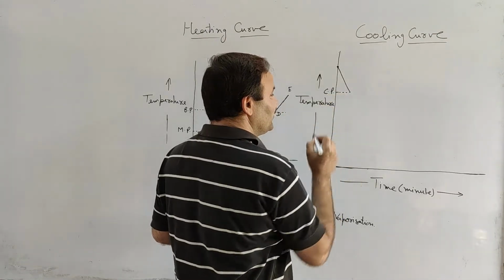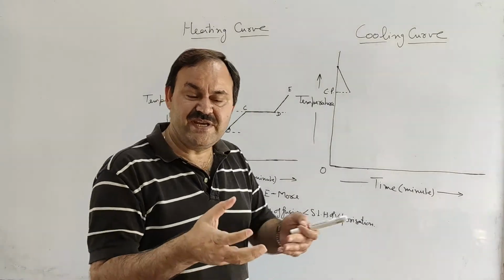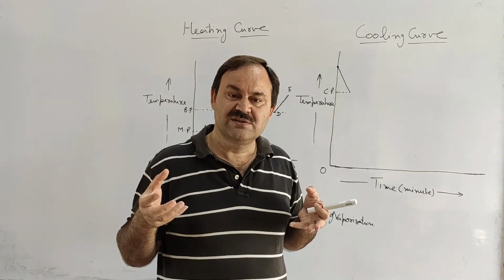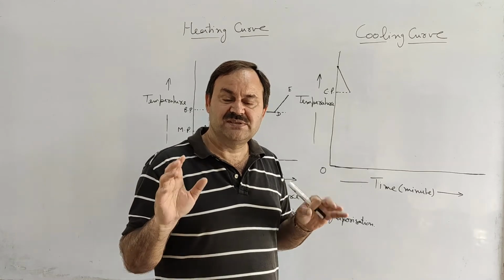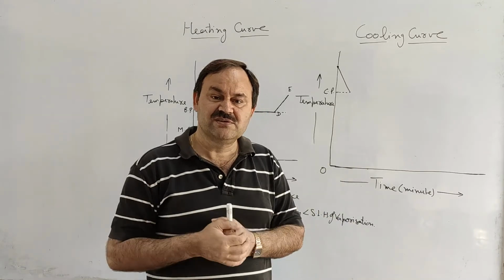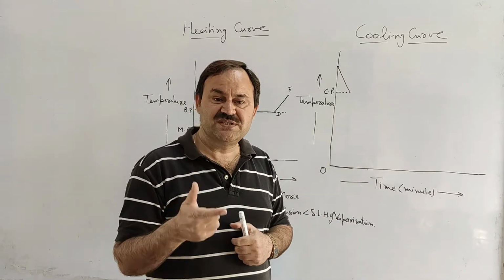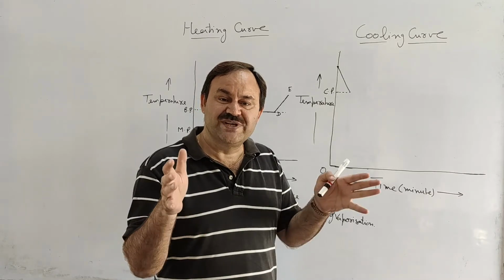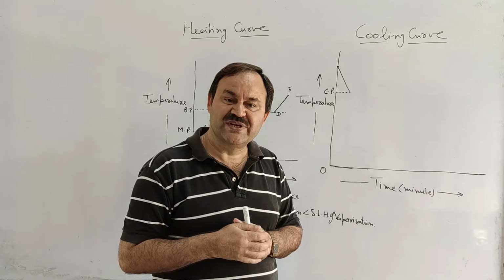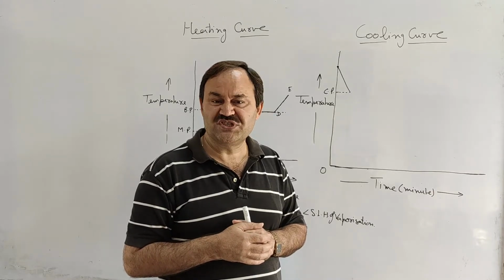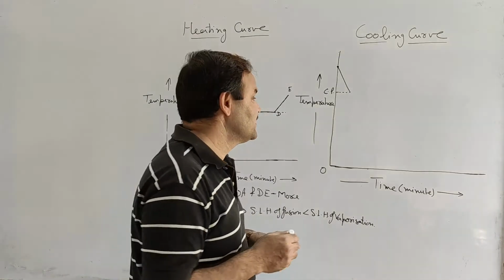At the condensation point, the heat will be continuously withdrawn from the vapors, but there will be no fall in their temperature. Thus, the heat withdrawn will be utilized to change the state. It means to decrease the intermolecular separations, that is, to decrease the potential energy of molecules.